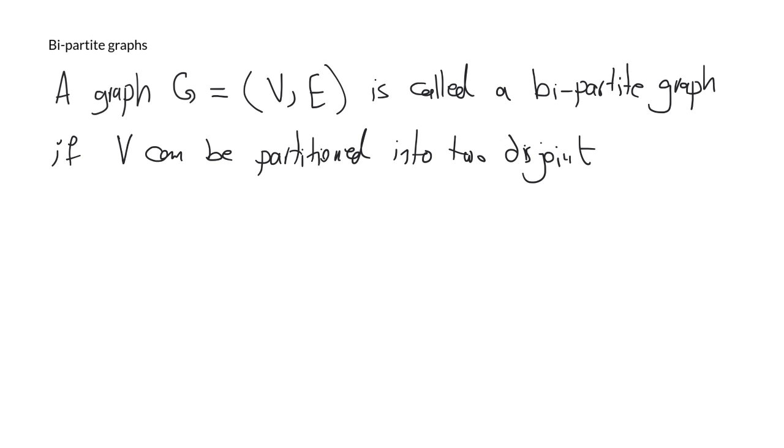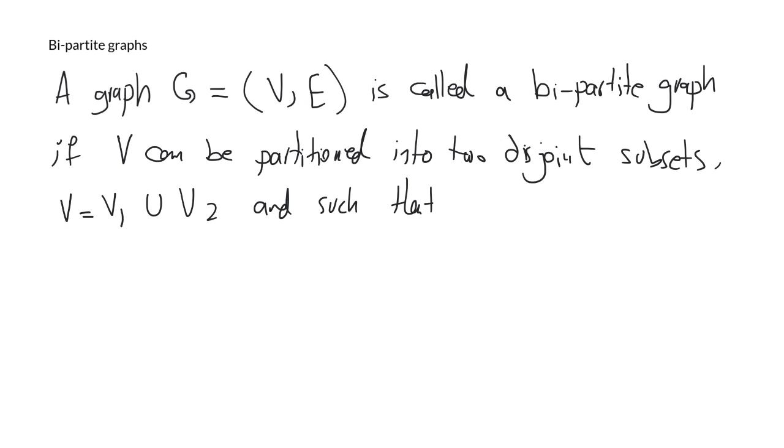So if we can divide it into two disjoint subsets and write it as V equals V1 union V2, and such that for all edges e, we have one endpoint in one set and the other endpoint in the other set.